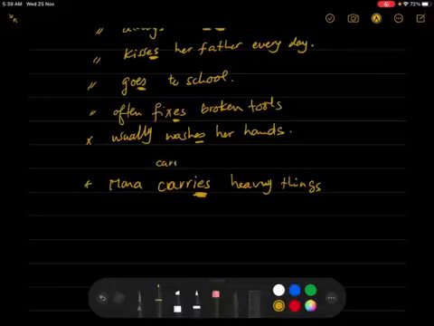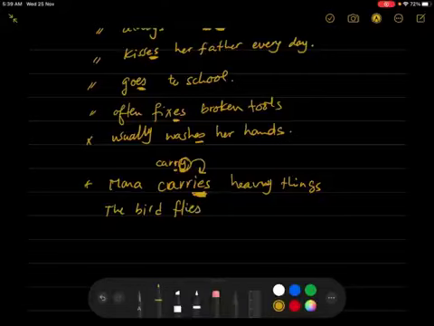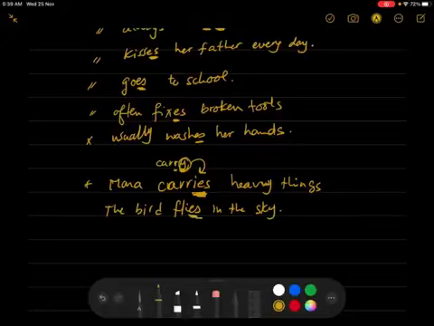Carries here was originally carry. We change it because the verb ends with a y preceded by a consonant letter. We change the y into ies, like the bird flies in the sky.